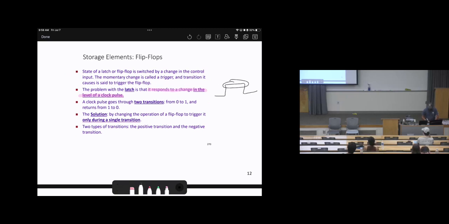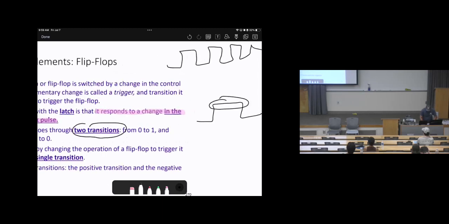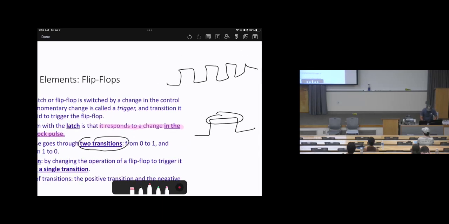So it will work during the on time. However, the clock pulses have two transitions, because the pulses can be on, off, on, off, on, off. So in real life, there are two transitions: from high to low, then from low to high. And there is a level in the middle.